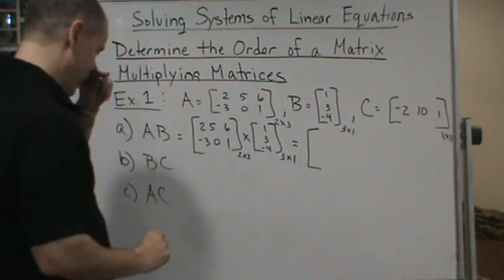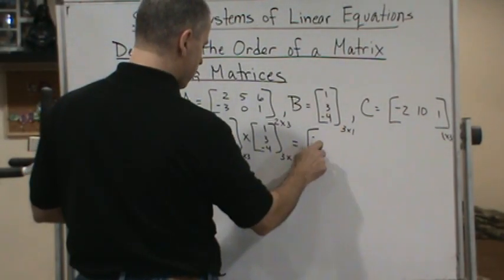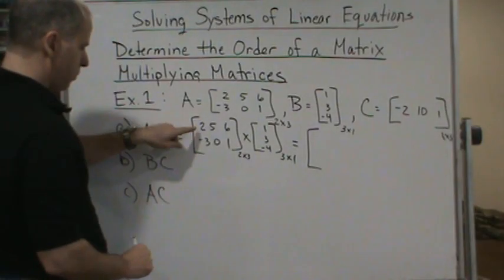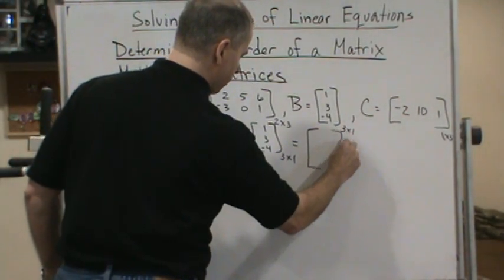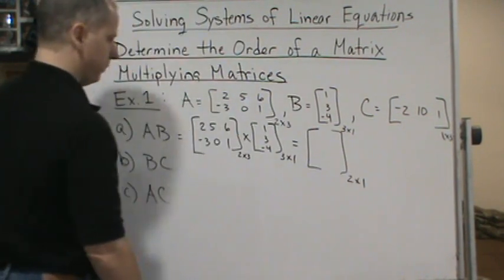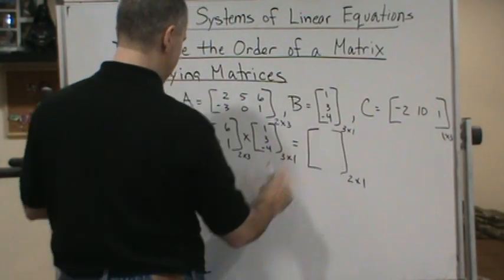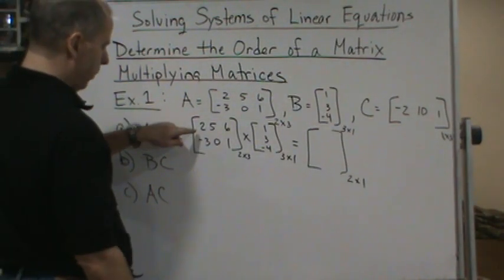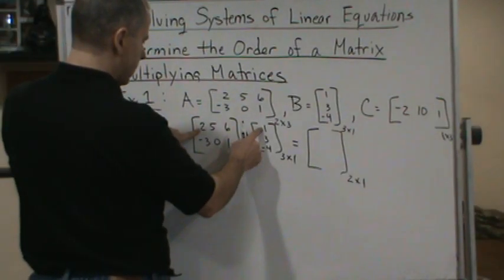Okay? So now, let's calculate the value. What we're going to do is the first row, right? So this is going to be a 2 by 1 matrix. Okay? So we want the first element right here. How do we get the first element? By going with the first row, first column.